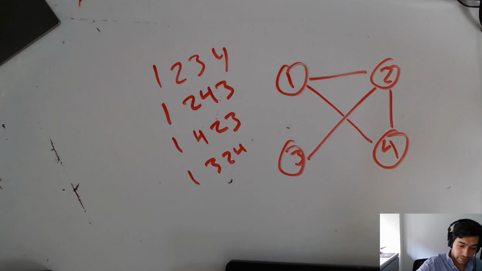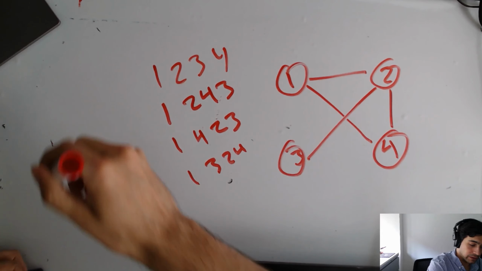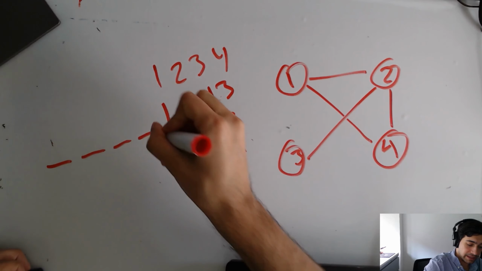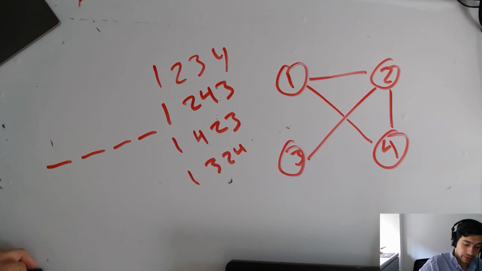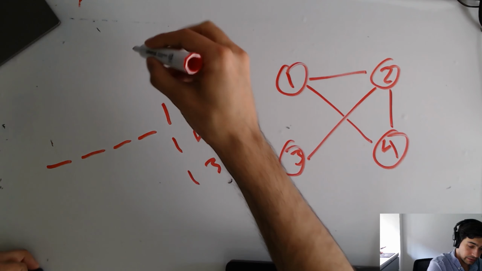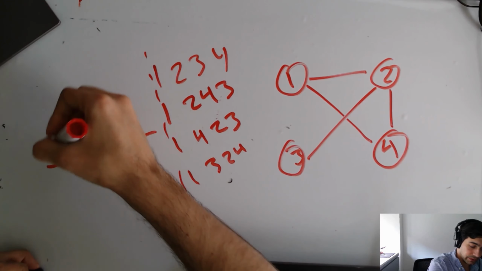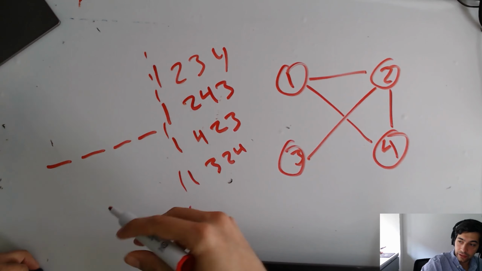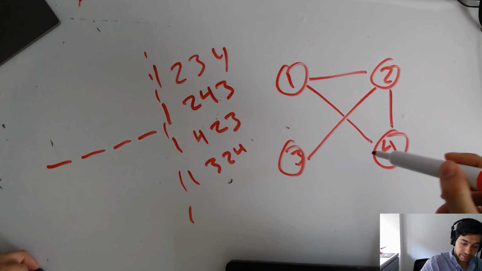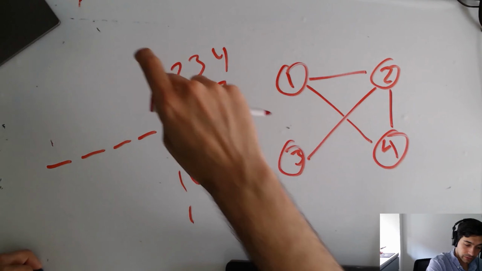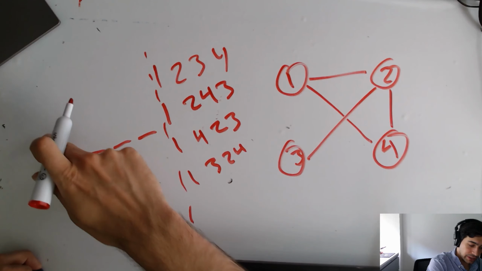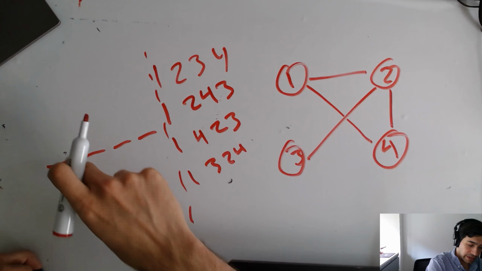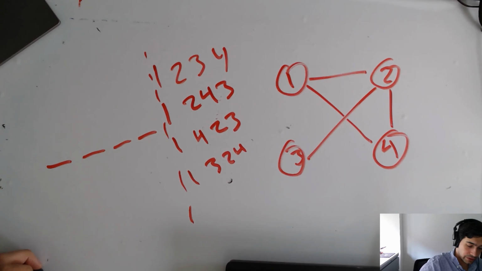So if we have 4 blank spaces, I want to put in an order of nodes. We're going to choose nodes so that we could say, okay, well, that's a potential ordering. And the question is, how many orderings of nodes are there with 4 nodes?